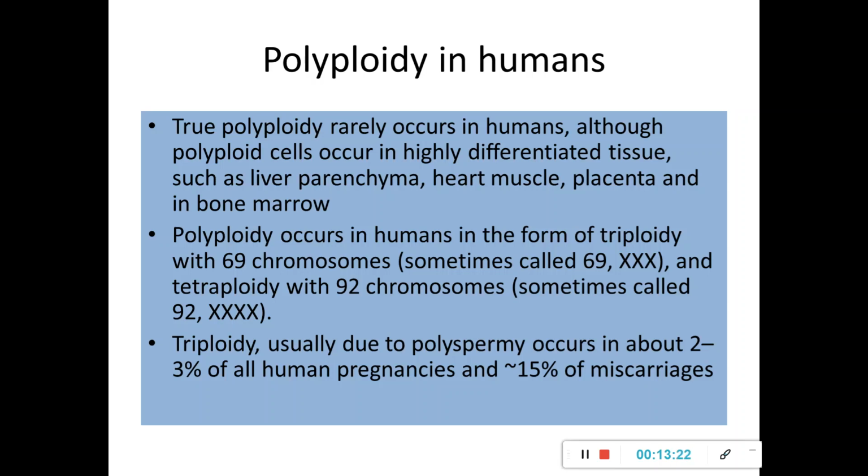All these conditions, be it triploidy or tetraploidy, will result in various genetic disorders. In most cases, triploidy occurs due to polyspermy, as I mentioned earlier, where one egg is fertilized by different sperms. Almost 2 to 3% of human pregnancies have triploidy, and about 15% of those nature itself removes by miscarriage.